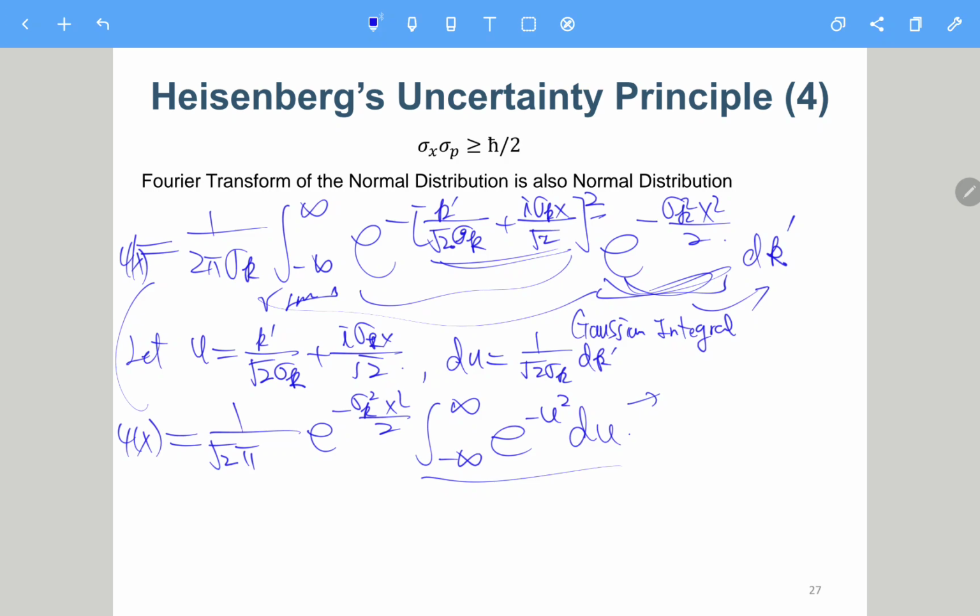Only the definite integral from negative infinity to infinity, or 0 to infinity, or maybe negative infinity to 0 can be calculated. And actually this one is nothing but square root of pi. You can check it.